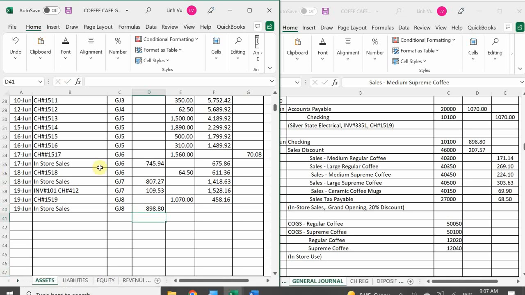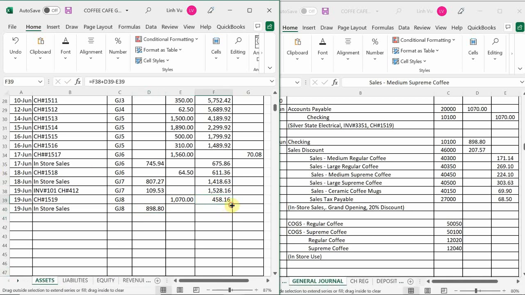So that means my checking account, I just deposited $800 more. I am now up in the positives at $1356.96. Okay.